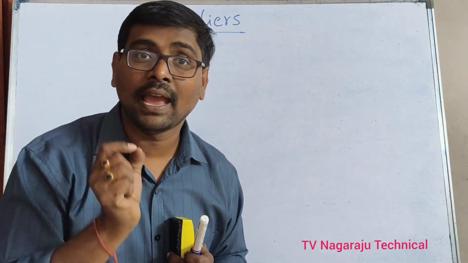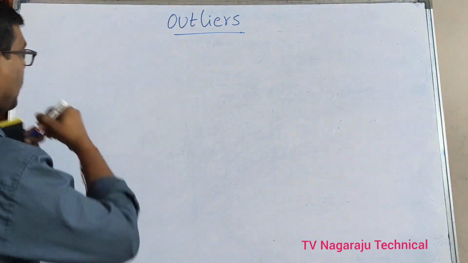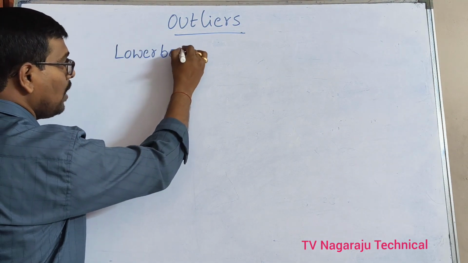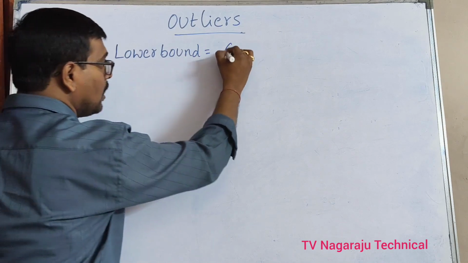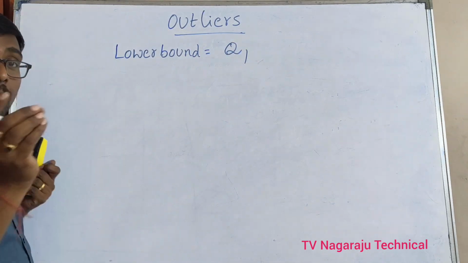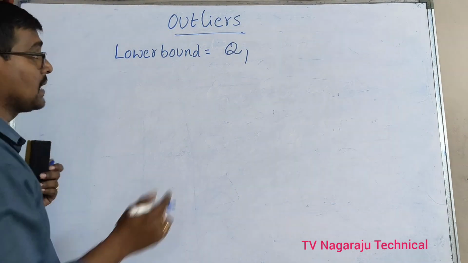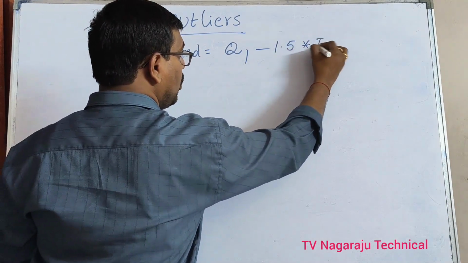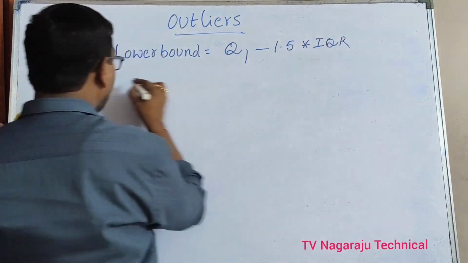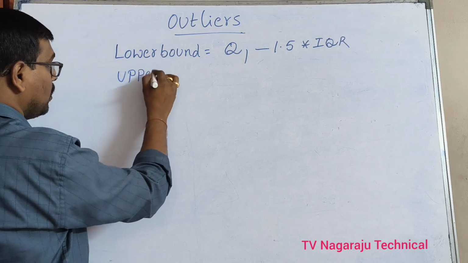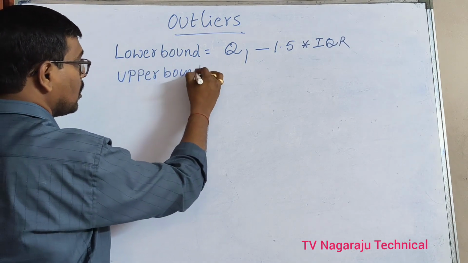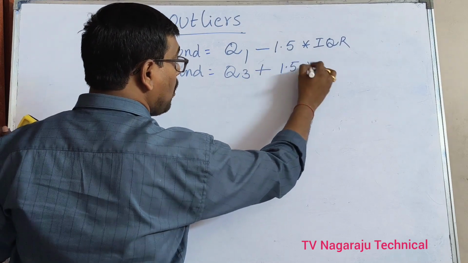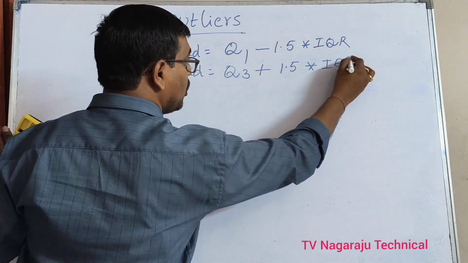Now, how do we calculate the range? The range is calculated by using lower bound is equal to Q1, that is the 25th percentile, minus 1.5 into IQR, and upper bound is equal to Q3 plus 1.5 into IQR.